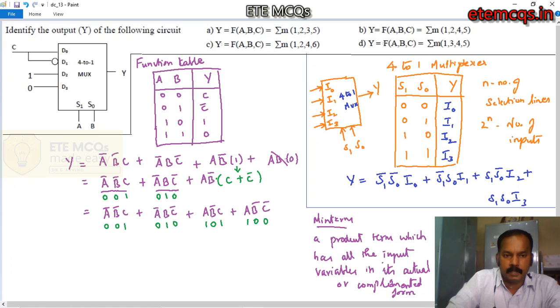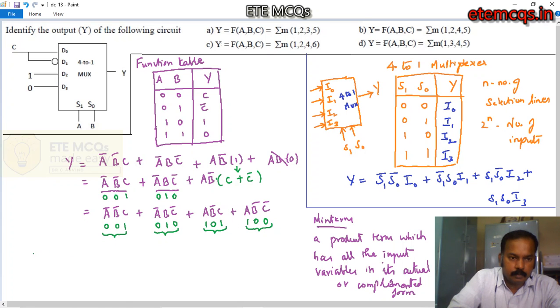Now that we have expressed the output function Y completely in terms of min terms, we can also represent the output function in SOP form, sum of products form, and the integer values of this binary representation will help you complete the function.